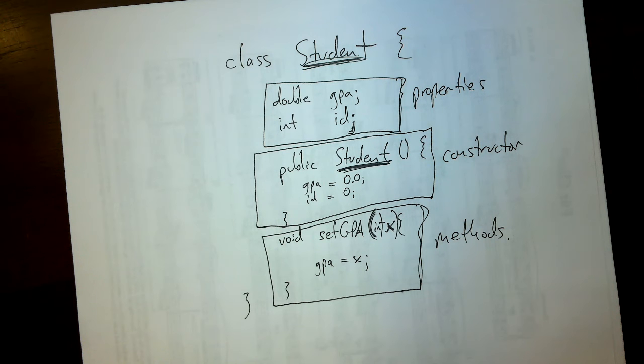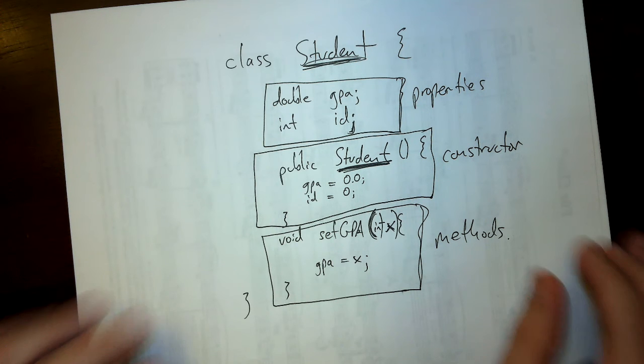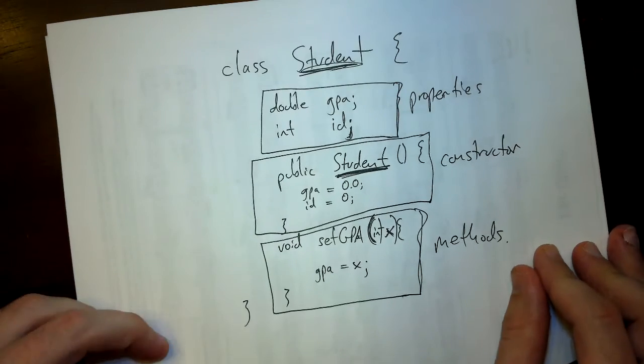So now that I've kind of defined what the architecture of my student looks like, how do I actually create one of these objects and use it? That's a great question. So here is my class.